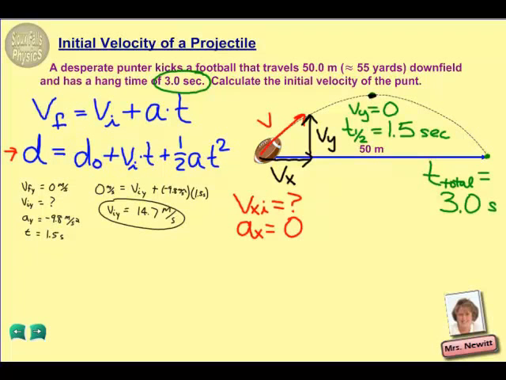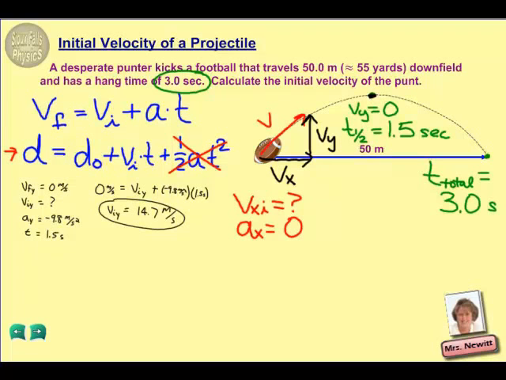It does not speed up or slow down in the horizontal direction because gravity is not acting on it in the horizontal direction. So that means then that if we look at our distance equation, this last term that includes acceleration is not needed. We have no acceleration if we're working in the horizontal direction.